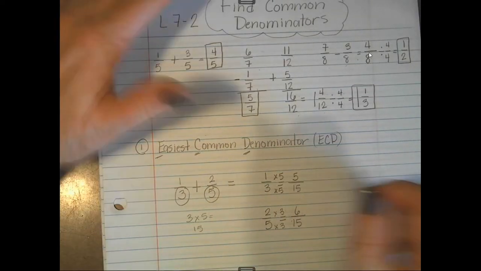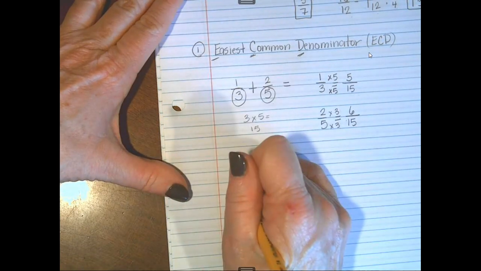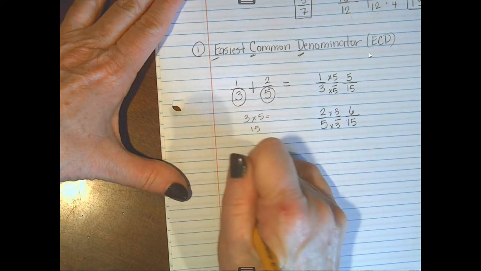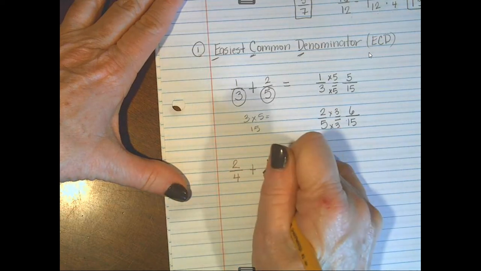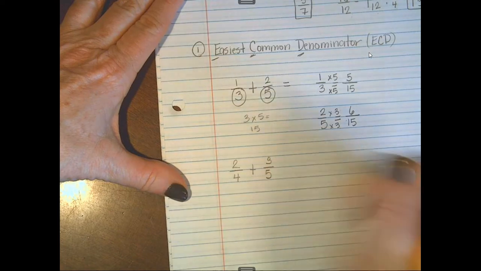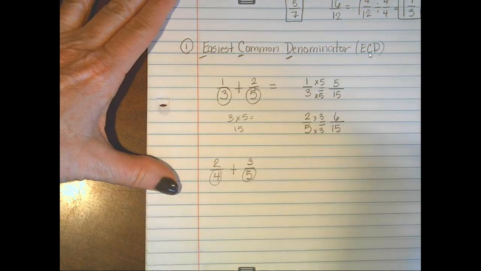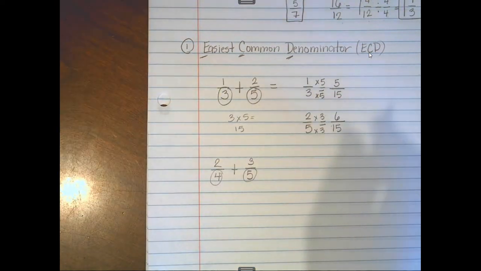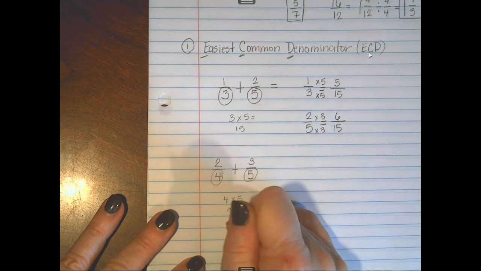So let's look at another one, all right? Let's look at the easiest common denominator with 2/4 plus 3/5. So we're looking at 4 and 5, and a multiple of both 4 and 5 would be 20.